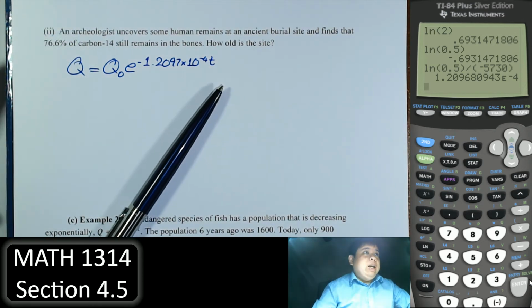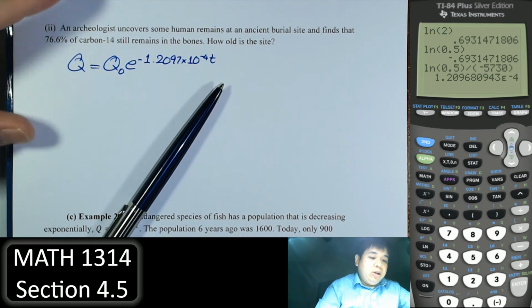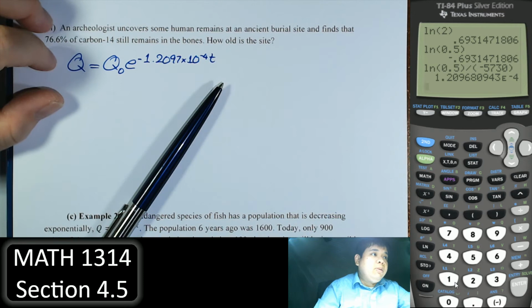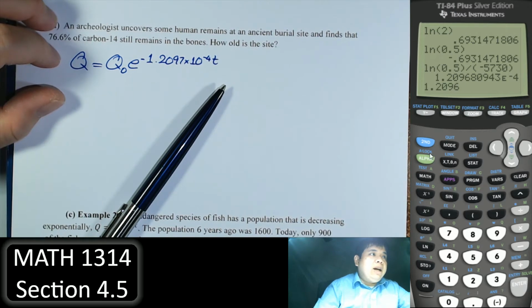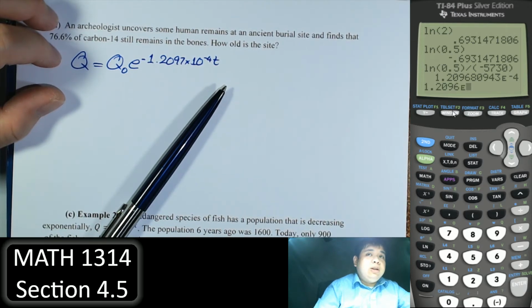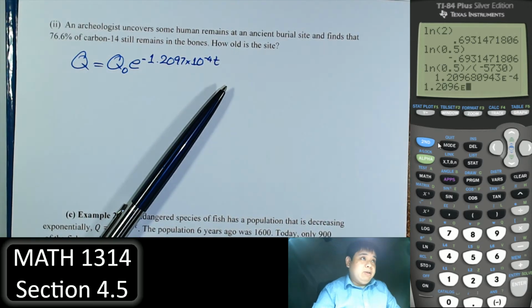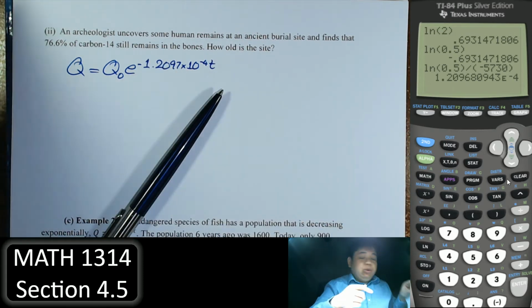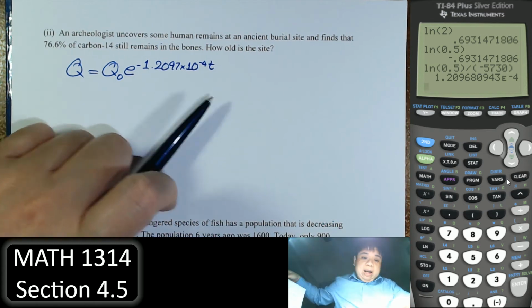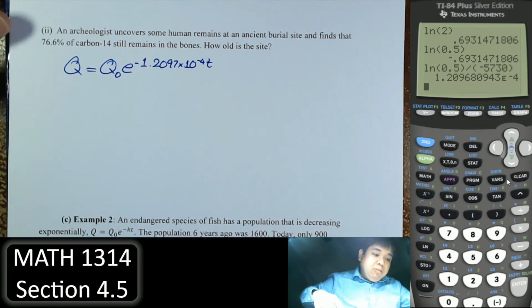By the way, if you want to enter the times 10 to the negative 4, you enter some number, then the second comma, which gives you the times 10 to the power of. Even when we write that, I still use the calculator to keep track of my calculation numbers.